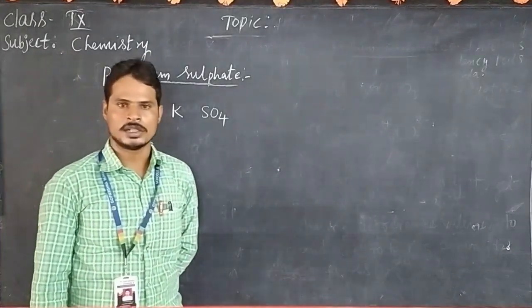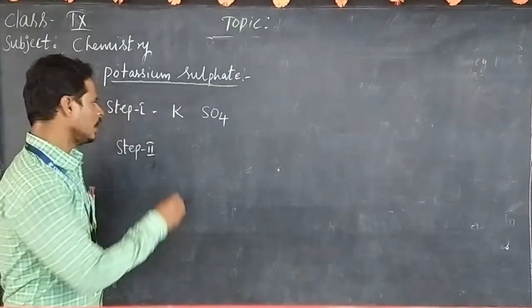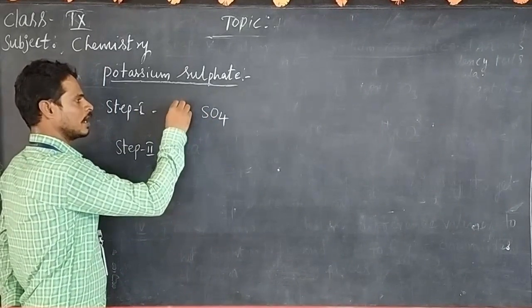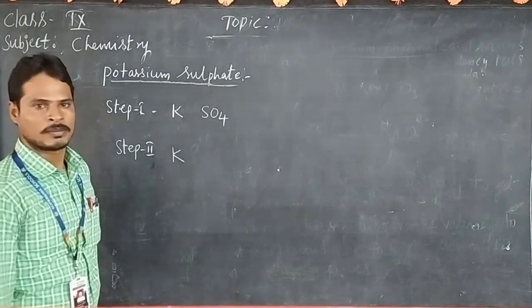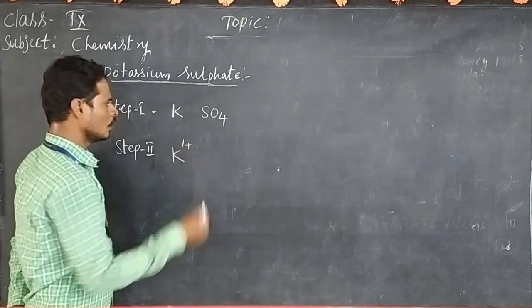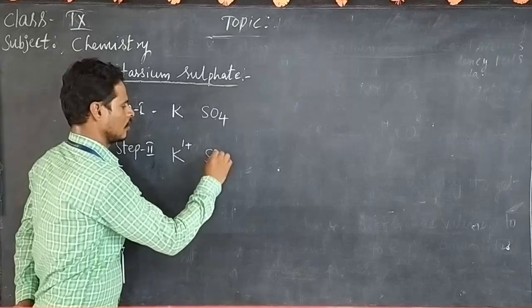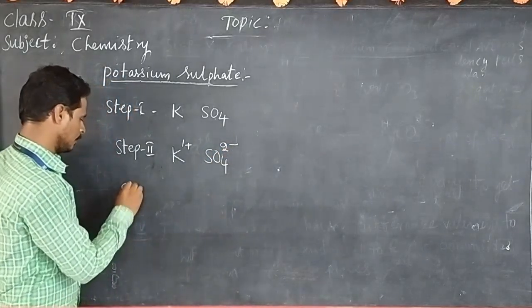Write the charge of the cation. Charge means valency. Put the valency of cation and anion on the top right side of the cation and anion. So here, what is the charge of potassium? +1. What is the charge of the sulfate anion? 2 minus.